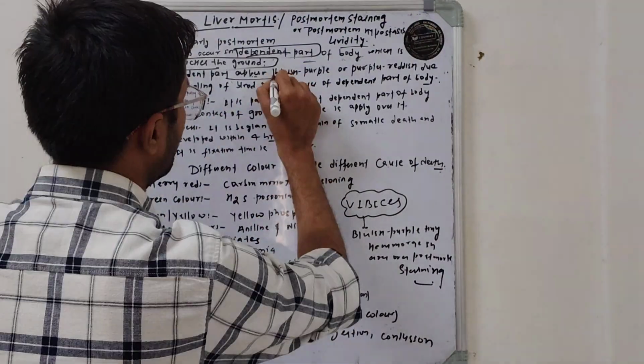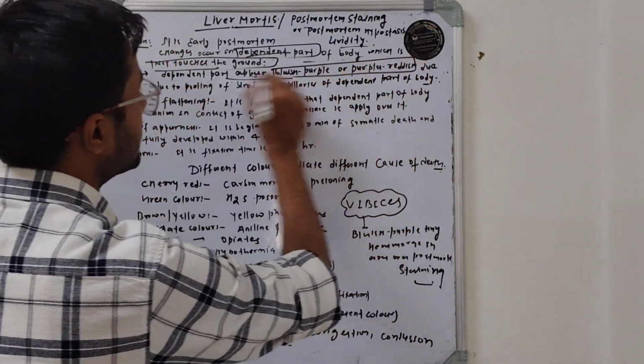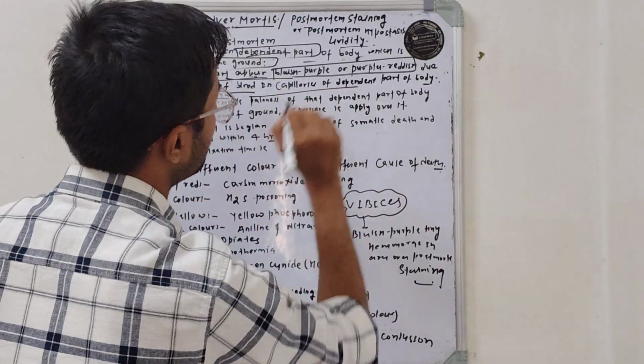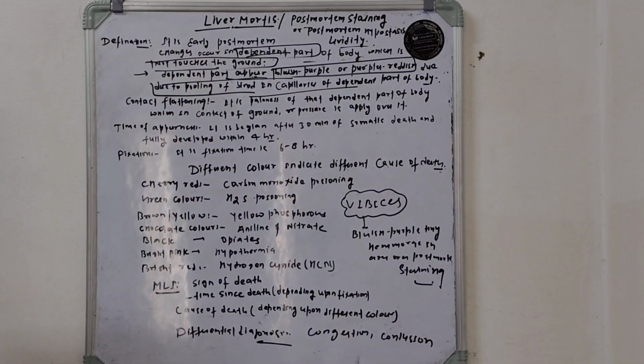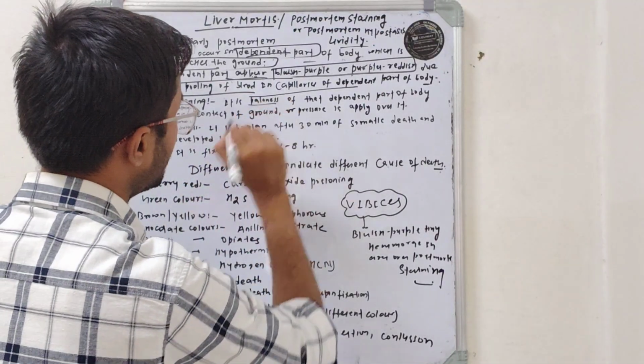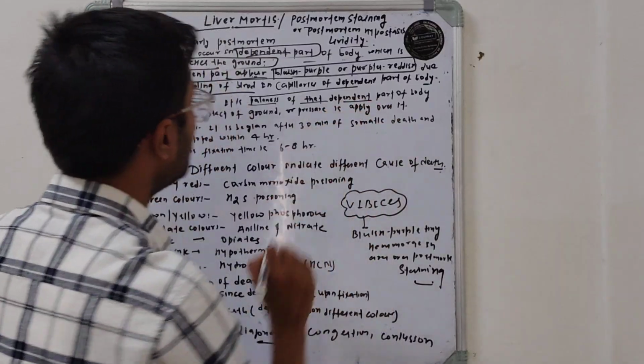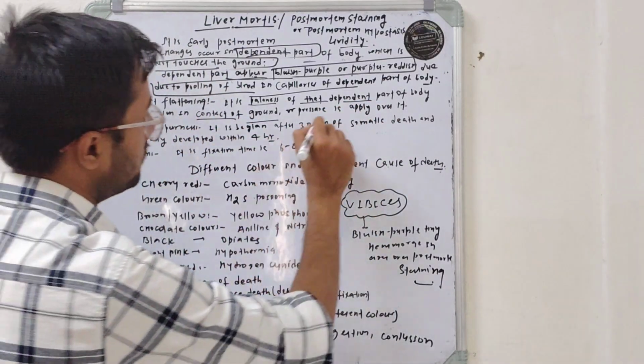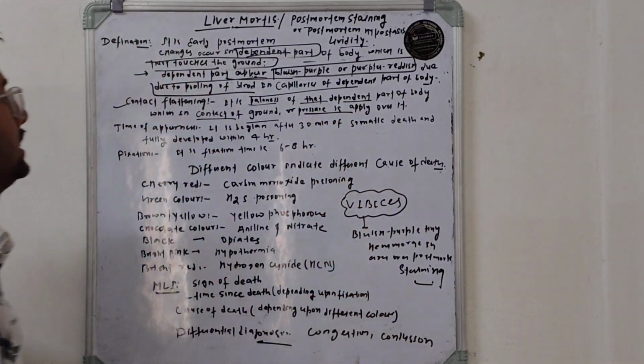It appears bluish purple or purplish green due to the pooling of blood in the capillaries of the dependent part of the body. Another term is contact flattening. It is the paleness of that dependent part of the body which is in contact with the ground, or where pressure is applied.